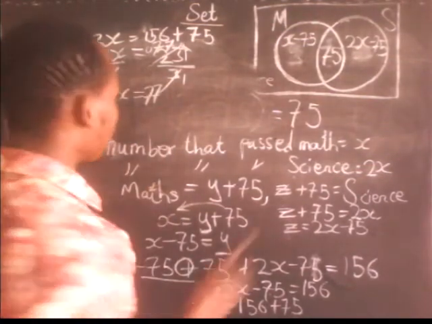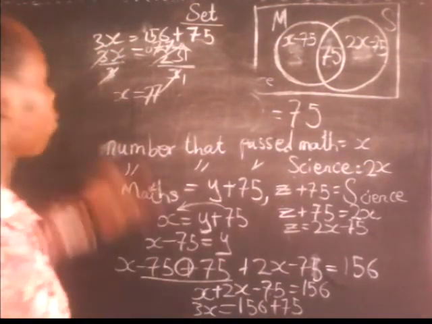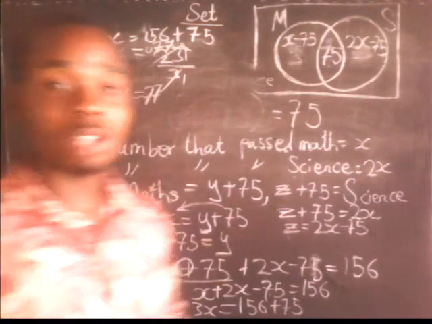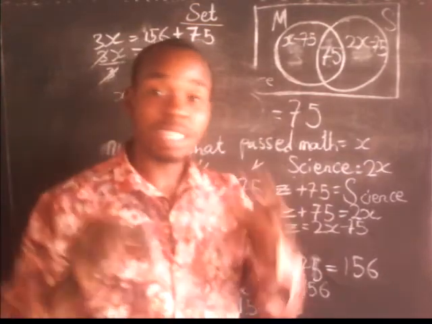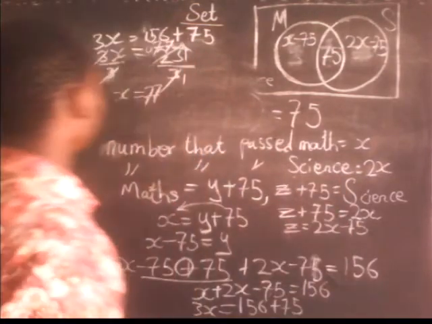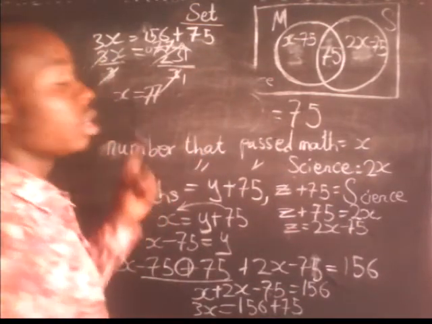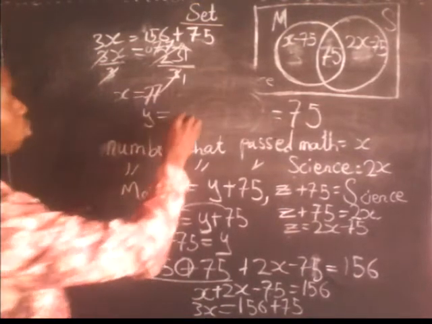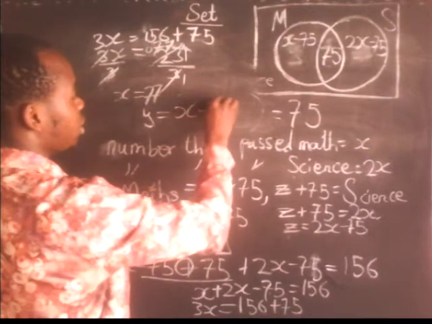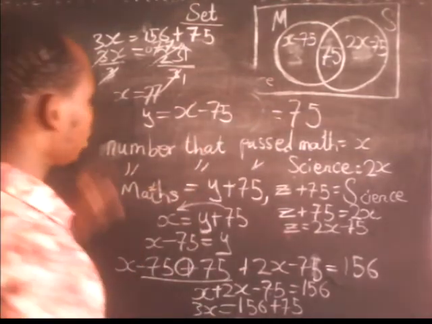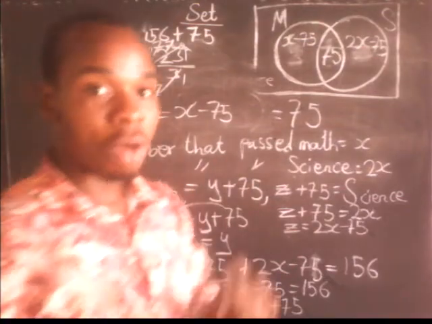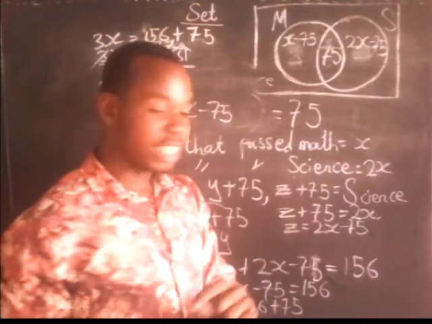And then I'll be having that the value for x is equal to what? 77. Remember, the question did not say we should find the value of x, but the question says we should find the number of students that passed mathematics only. And the number of students that passed mathematics only is y, which is equal to x minus 75. Take note, they did say we should find the number of students that passed mathematics, but mathematics only.